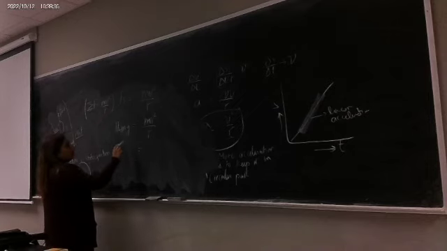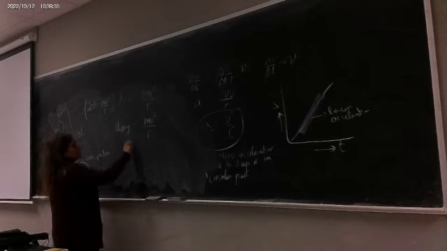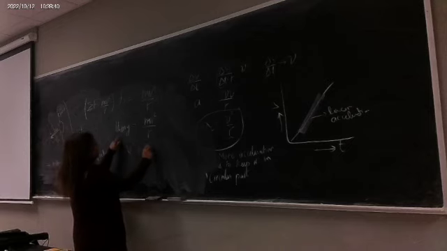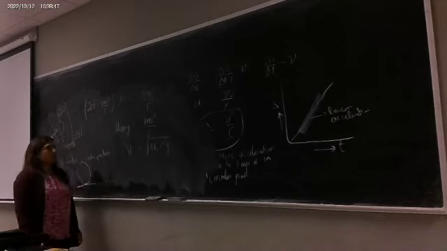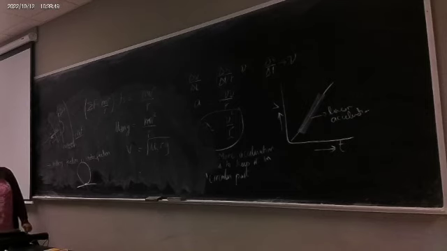V square would be equal to mu s r g, and if I square root it, v equals the square root of mu s r g. Good.